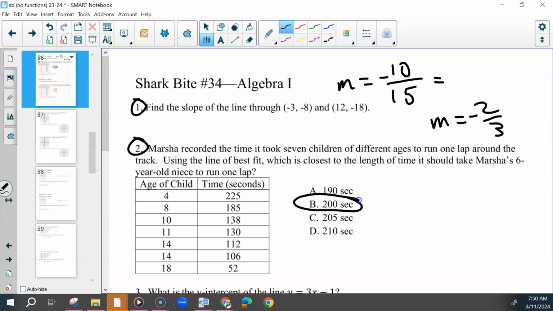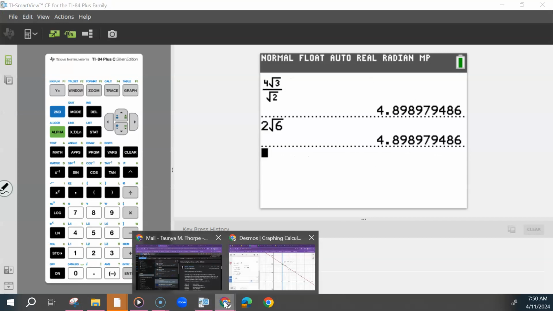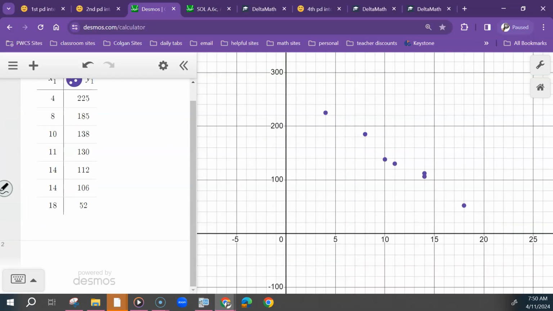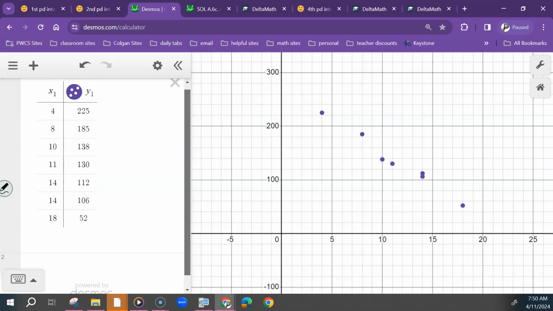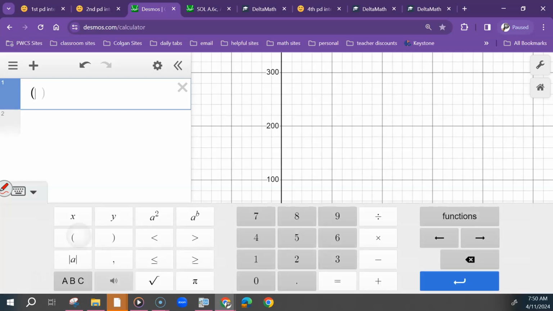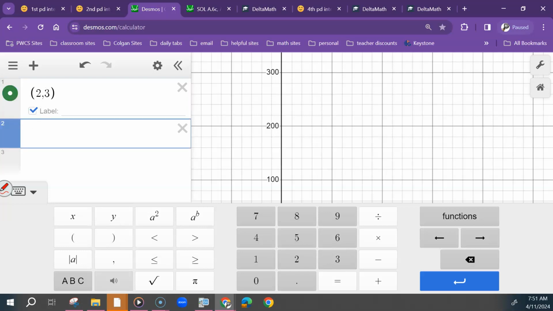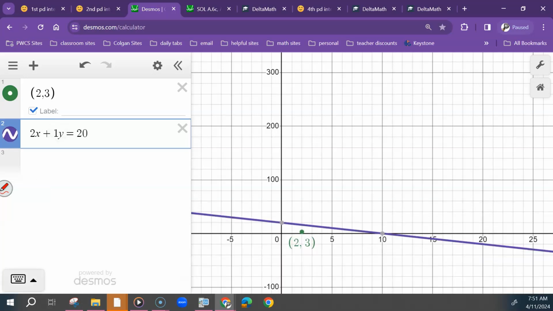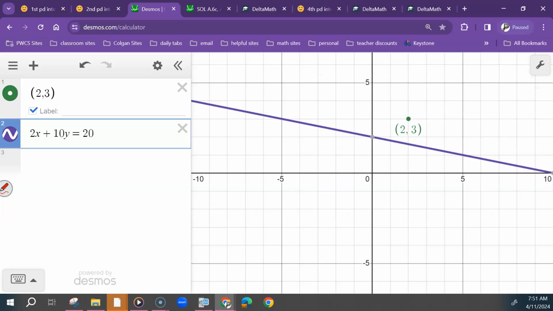Okay, and then number 4. If I put in the ordered pair and put in the equation that was given, I could count the slope of this line, which would be -1/5.